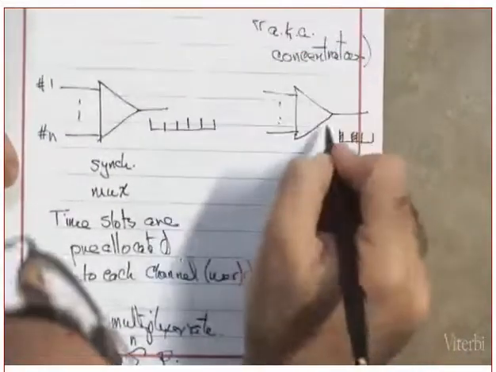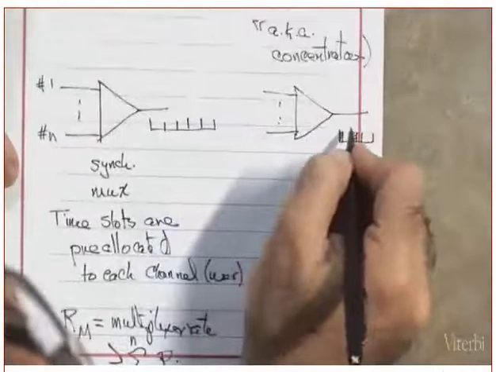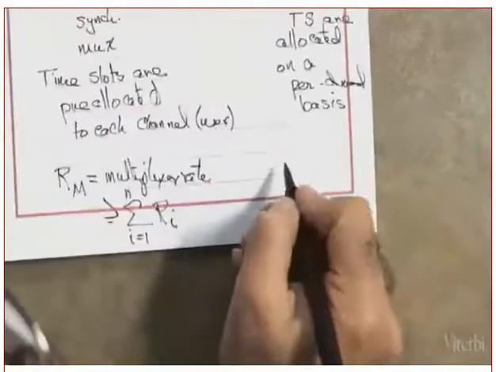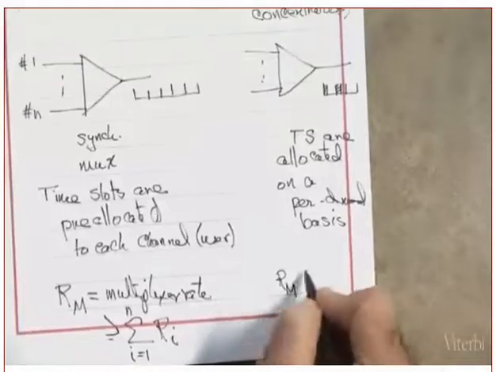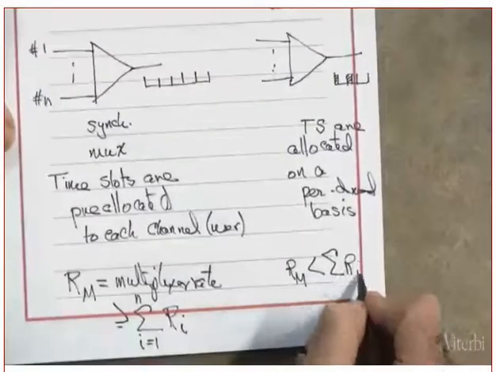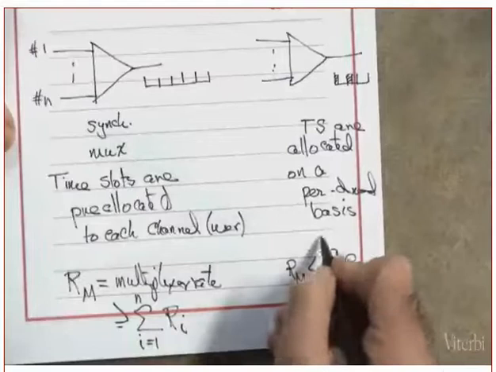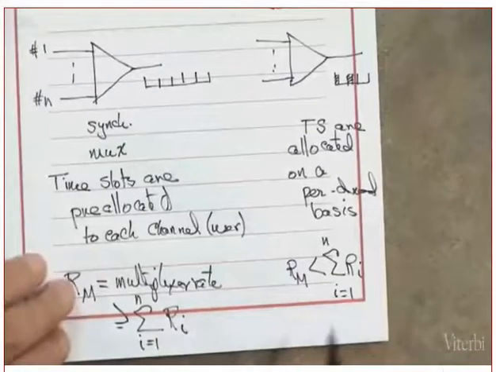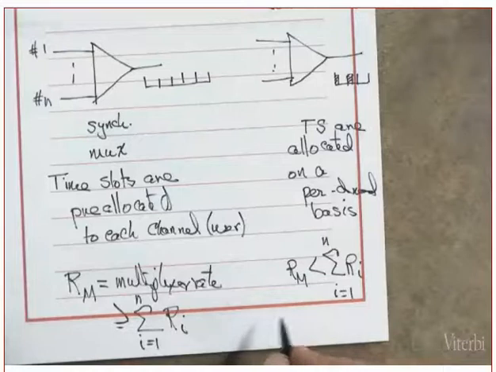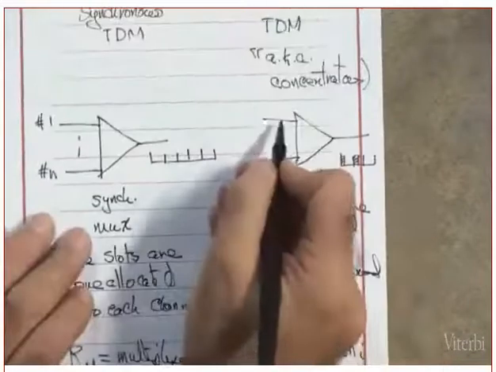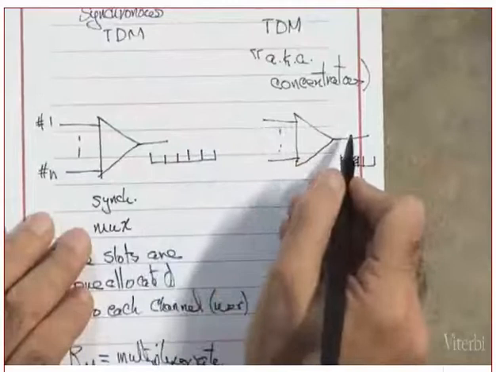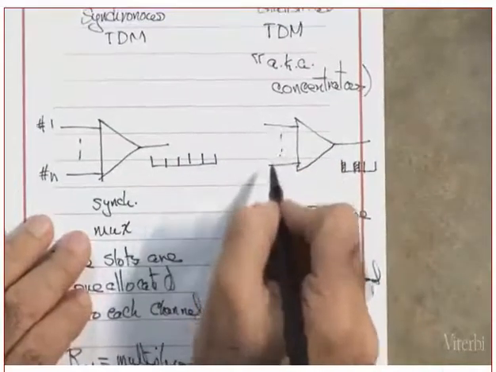Each one of these, by the way, is a header, because the time slots are not pre-allocated. And what was R sub M here? The multiplexer rate is less than the summation of R sub i, i goes from 1 to N. This is what we referred to last time as oversubscribed. You are going to allow multiplexing of several users using a rate which is less than the aggregate rate.